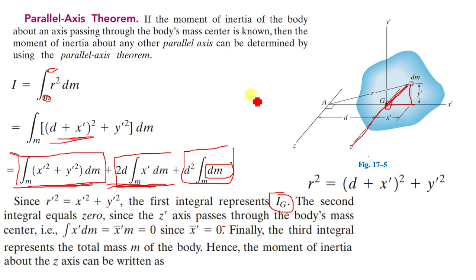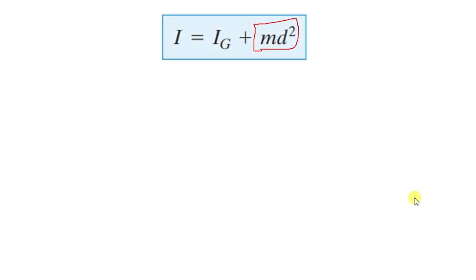So you are going to have m d squared, which is the moment of inertia of the body there. So now to find the moment of inertia of the whole system, you remain with Ig plus the moment of inertia of that given body. So you first find the moment of inertia about the point you've been given, and then you find the moment of inertia of that other body.